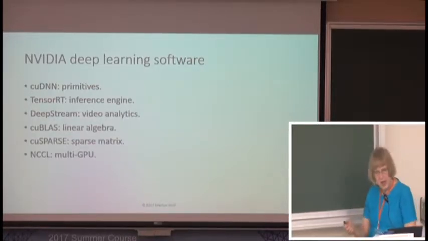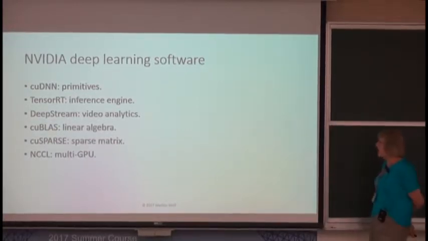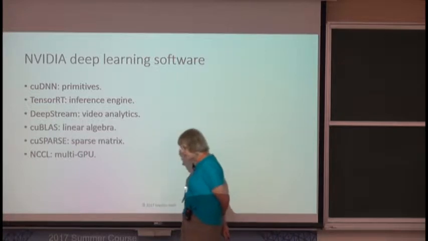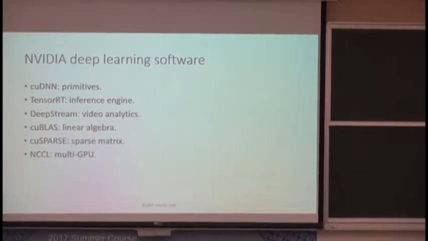NVIDIA has certainly a more visible set of software to support deep learning neural networks. So they have a set of primitives called cuDNN. They have an inference engine called TensorRT. They have an application for video analytics.